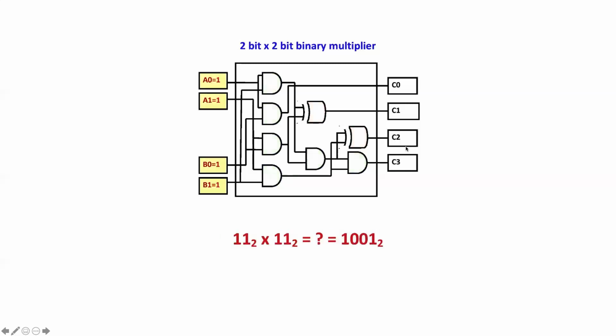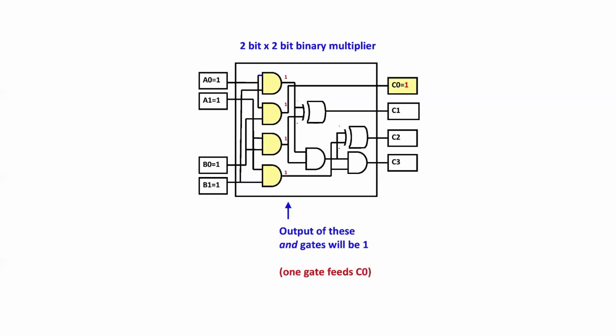So for the example we were playing with, if we're multiplying 3 times 3, then all of the inputs to those AND gates, and you can trace them back, all come from these A and B inputs. So all of those inputs are going to be 1. And since those are AND gates, if any AND gate has both of its inputs as 1, its output is also going to be 1.